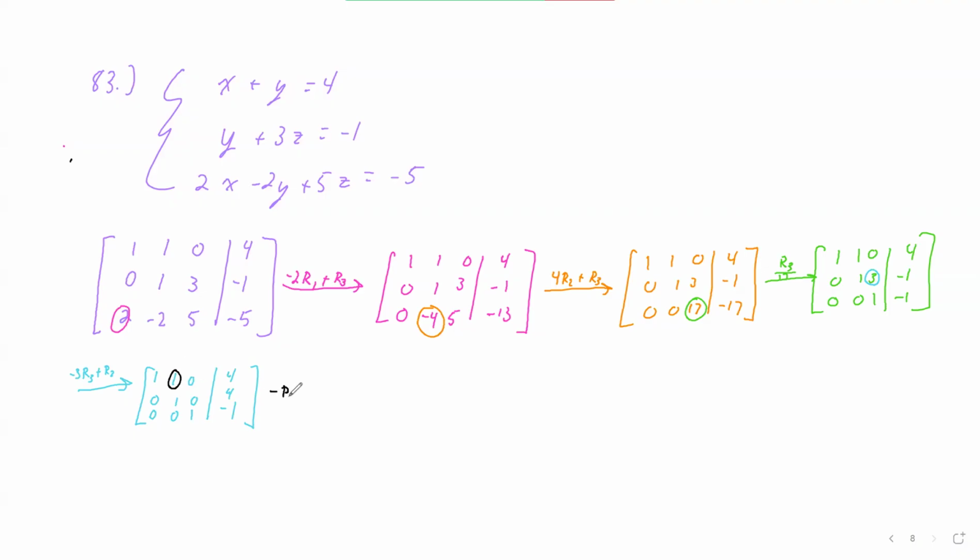So I'm going to do negative row 1, oh, row 2 plus row 1. -1 times 0 is 0 plus 1 is 1. -1 times 1 is -1 plus 1 is 0. -1 times 0 plus 0 is 0. -1 times 4 is -4 plus 4 is 0. So there's my final answer, 0, 4, -1.